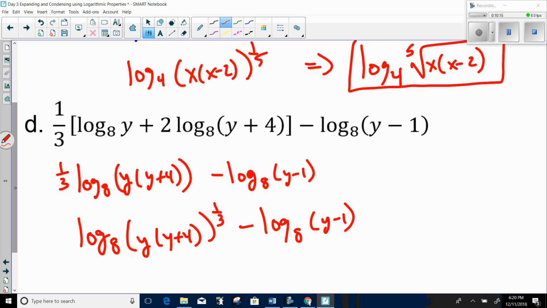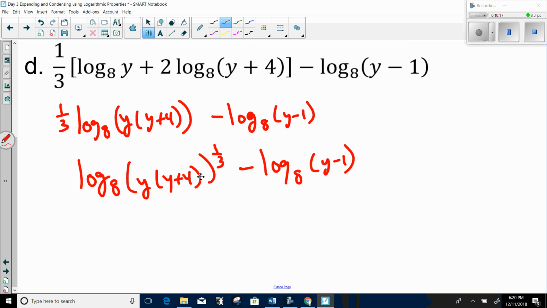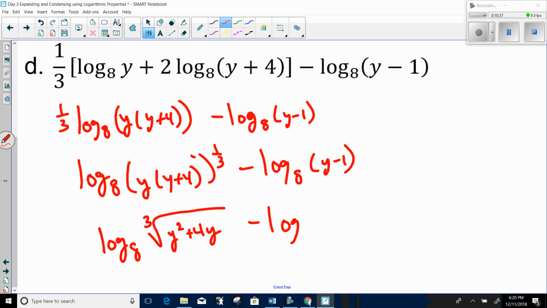All I'm doing is using those properties from that first page. Bring that exponent up top to the entire logarithm so it affects that whole parenthesis. So then this becomes log base 8, and I'm going to clean this up a little bit. The cube root, because the 1/3 is a cube root, and then I'm going to do y squared plus 4y to get rid of some of those parentheses, minus log base 8 of y minus 1.